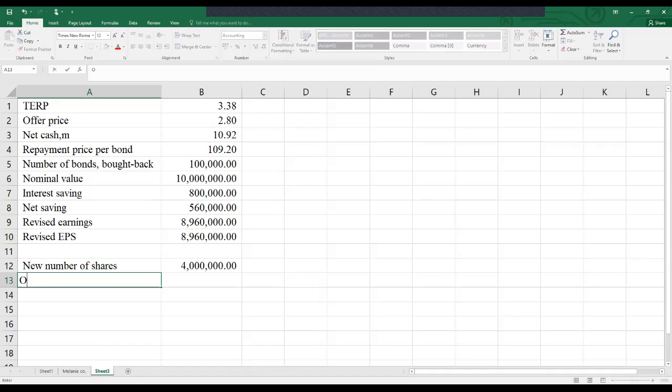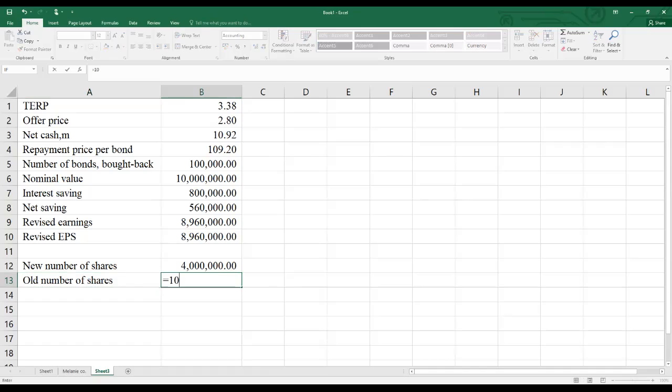Therefore, the old number of shares is equal to 10 million divided by 0.5, which is 20 million. Therefore, currently this company has 20 million shares, the total number of shares.